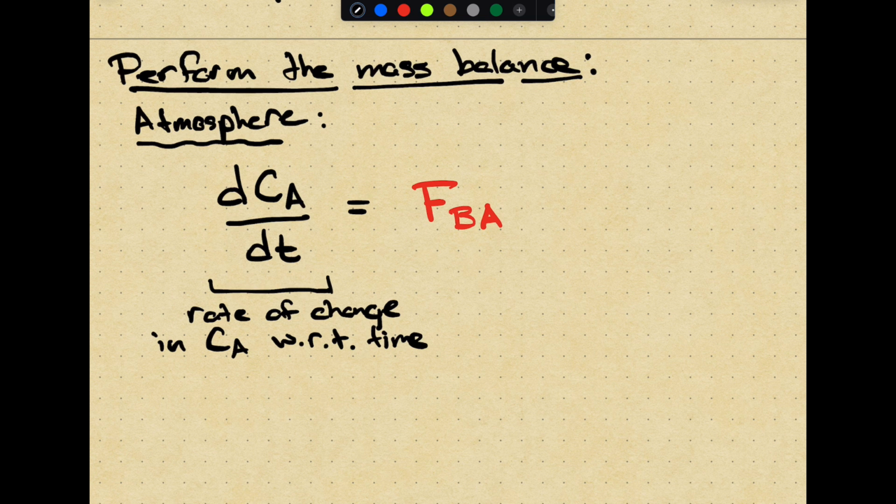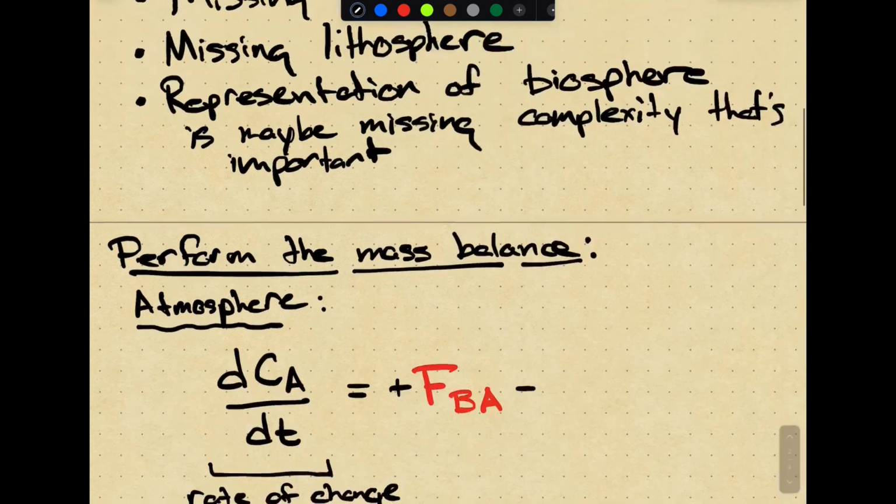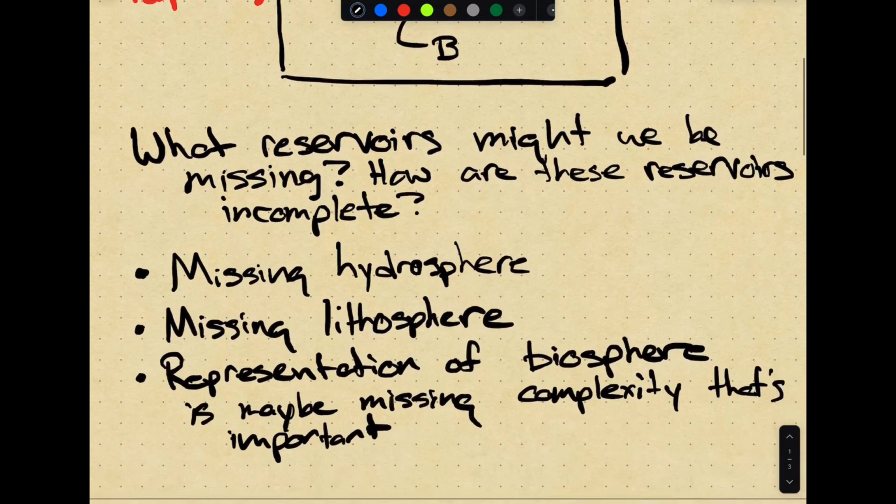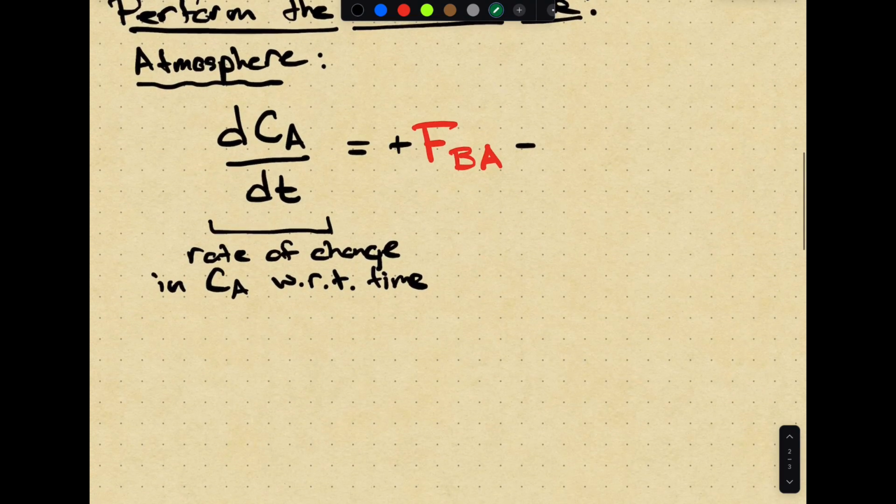The sign in front of that is positive. This tends to increase the carbon amount in our atmosphere. What is the expenditure term, the loss term? F_AB, exactly.